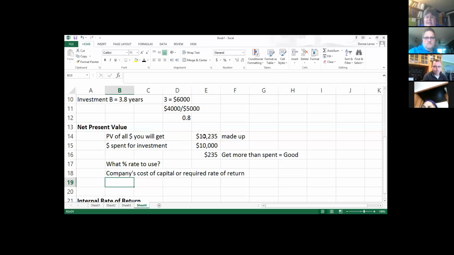When a project comes out better than your initial investment, like we did in our scenario up here, that is saying this project exceeds the minimum rate of return. So we don't know the rate of return we're getting on this project, but we do know that it's better than our minimum or our required amount.